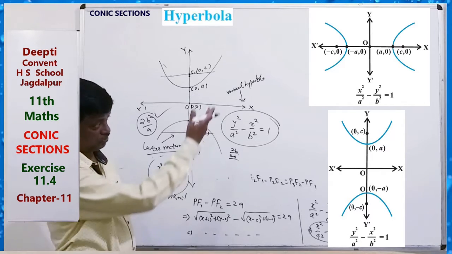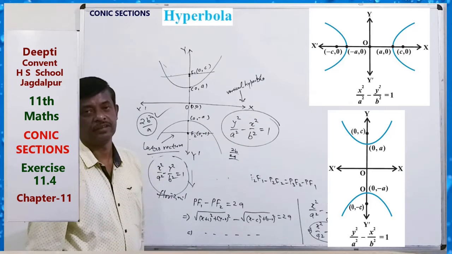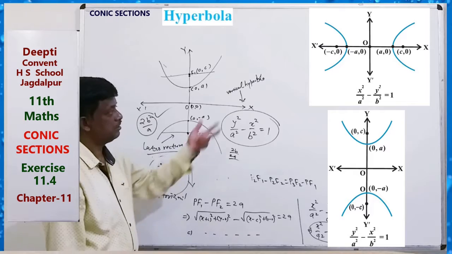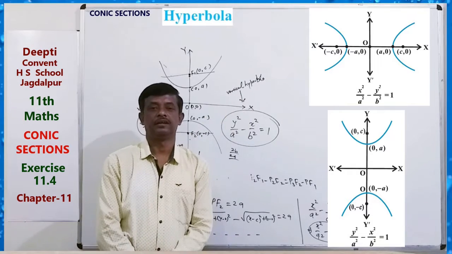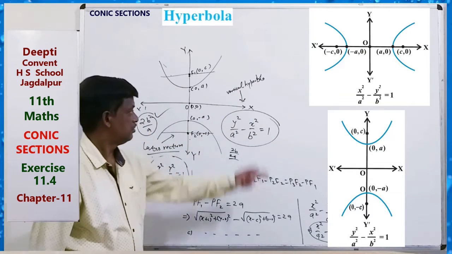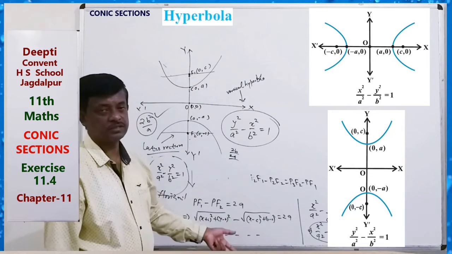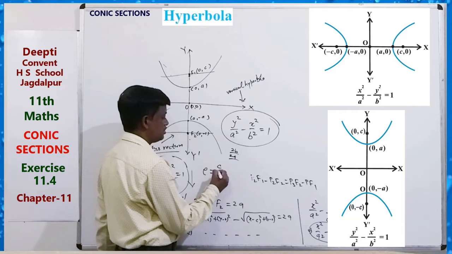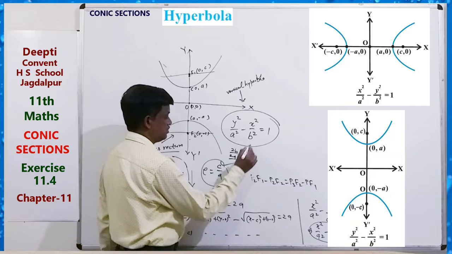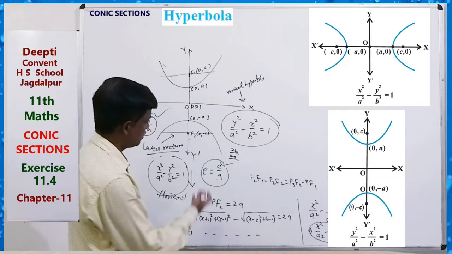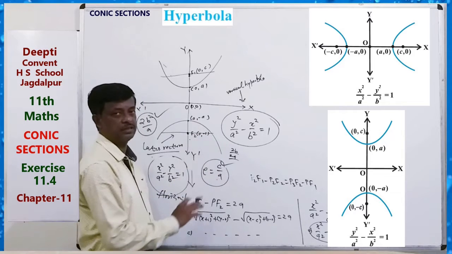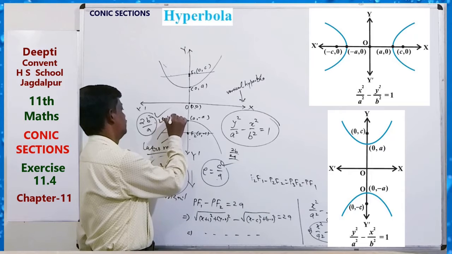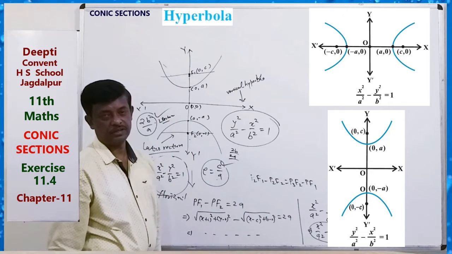So you can see the diagrams for the vertical and horizontal hyperbola, and you can get all the constants. Eccentricity is also equal to c by a. This is eccentricity. Clear? c is clear, a is clear, e is clear also. This is the latus rectum, 2b square by a.